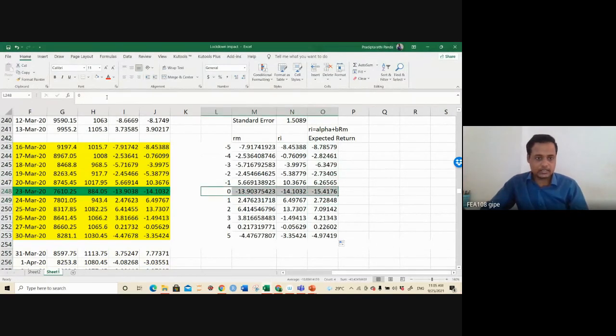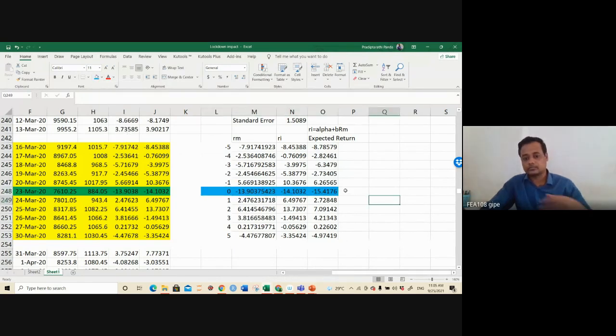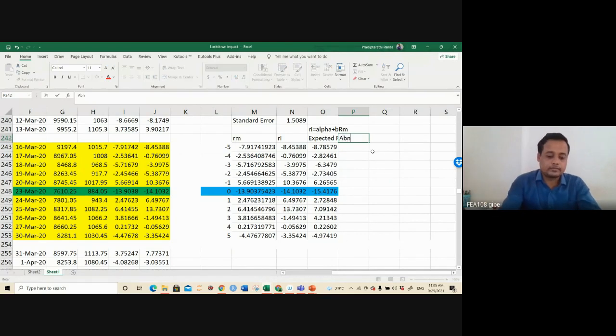You can mark this event day in a different color. Then you come out with abnormal return. What is abnormal return? It equals actual return minus expected return. You have expected to get 99 marks.